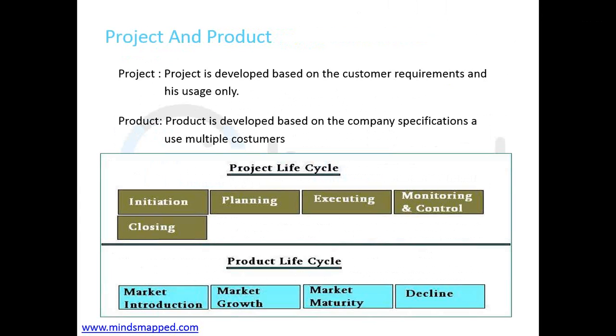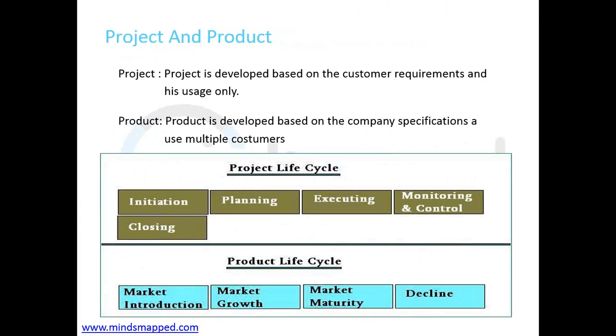After the planning comes the coding and implementation: the developer starts writing the code for those requirements. Once the code is developed and ready for test, it comes to the testing team and they start executing the test cases and the test plans. That is the executing phase. Once that is done, it is given to the customer.